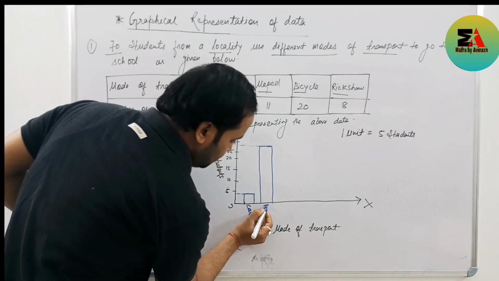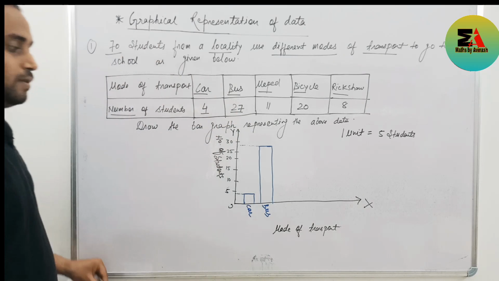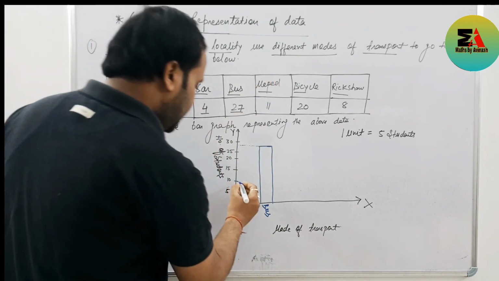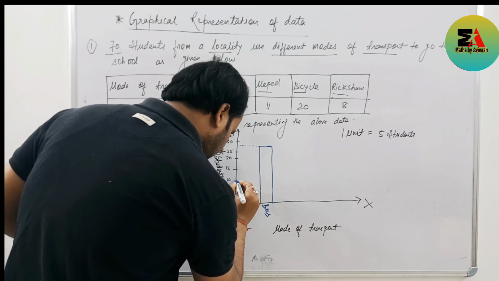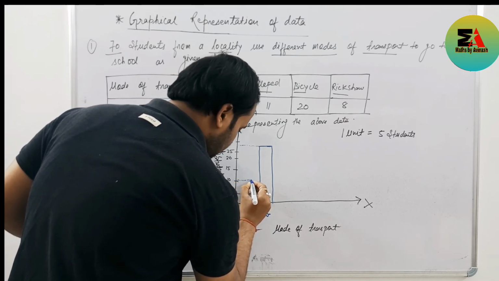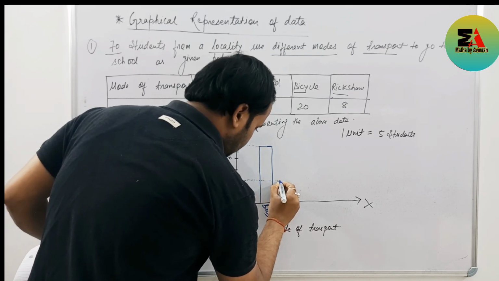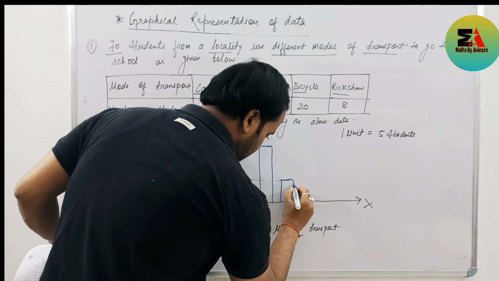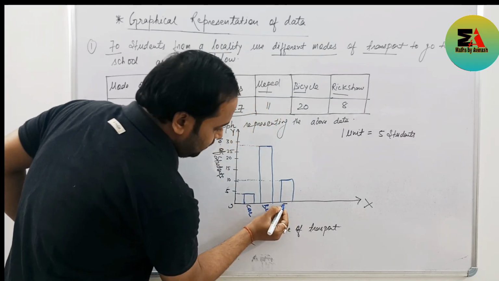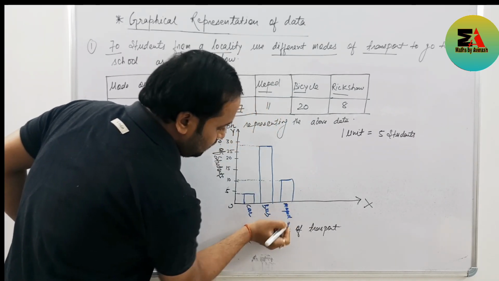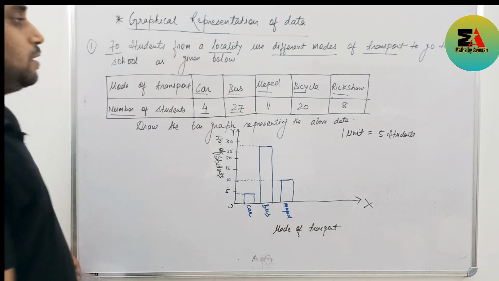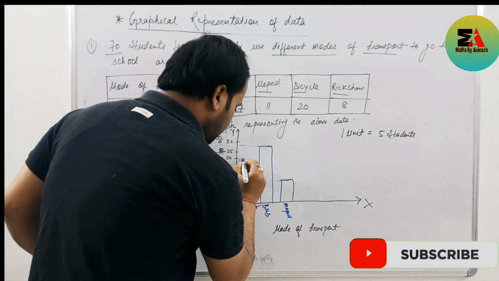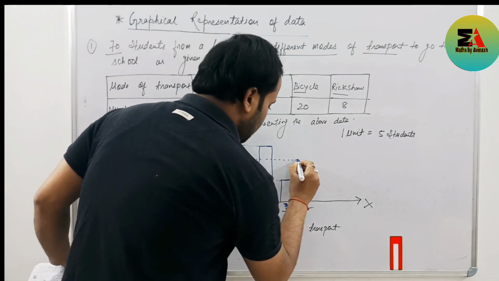This one is bus. Clear? Next one is moped. Moped is 11. 10 is here, just one above. This is moped. Clear? Now the next one, the frequency of bicycle, is 20. 20 is here.